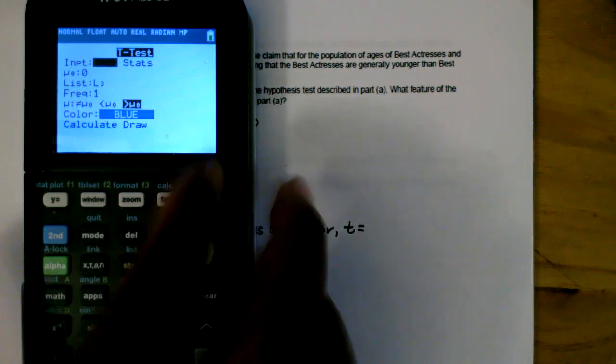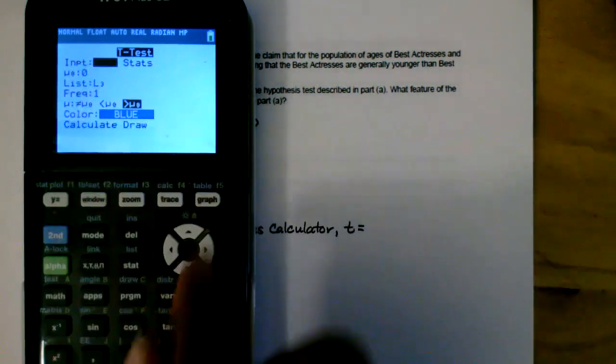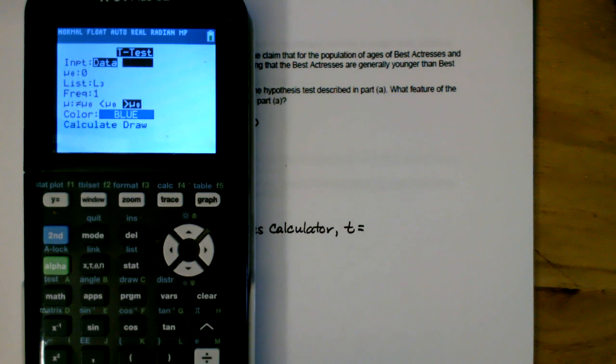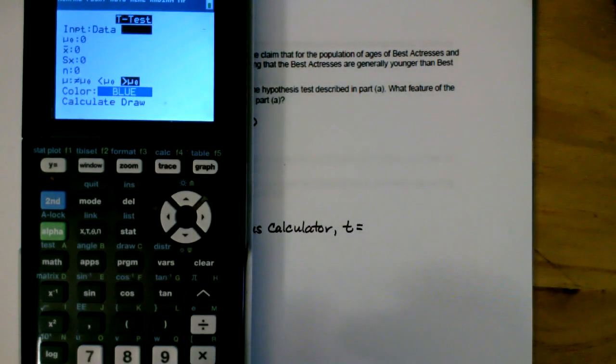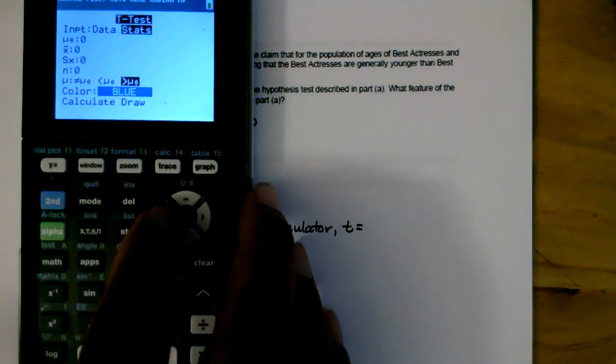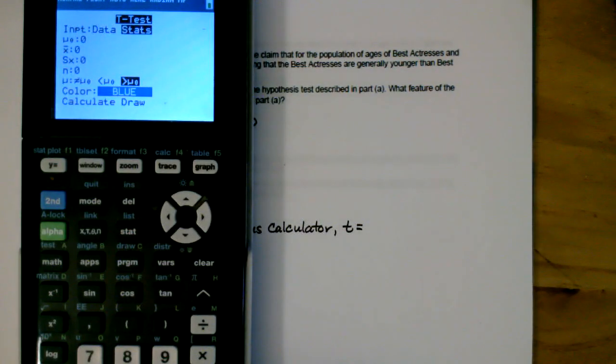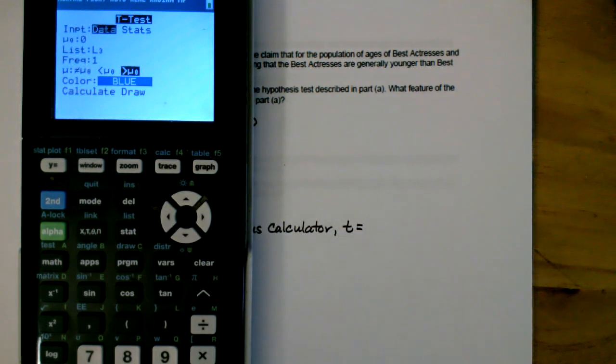Now notice I have data highlighted. Now let's say your calculator looked like this, where stats was highlighted. Since I entered raw data, I need to highlight data here. So I need to use my left arrow key to put the cursor on data and then hit enter.